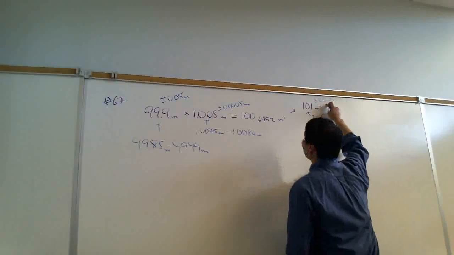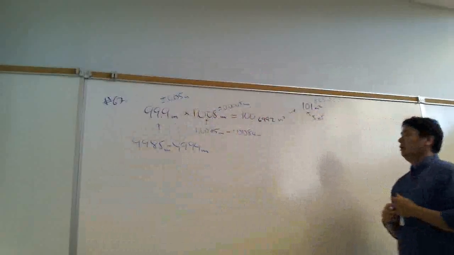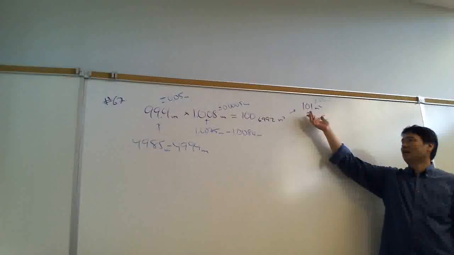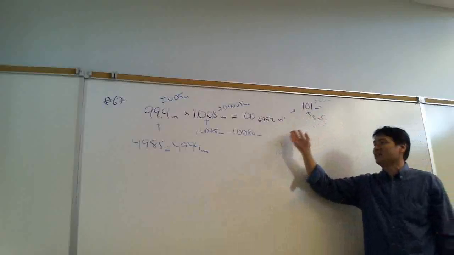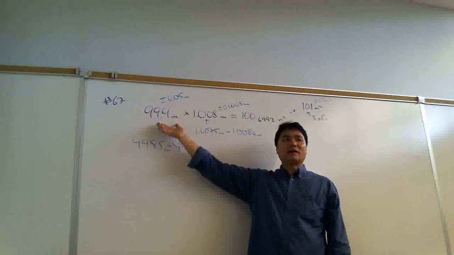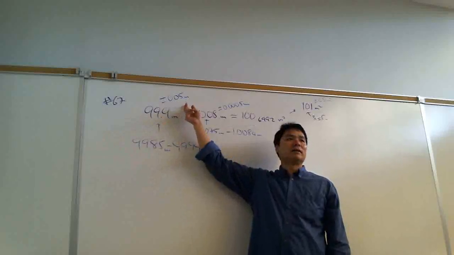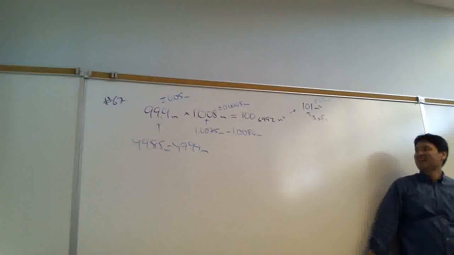The dimensions are off because these are meters squared. But our final answer should reflect the same kind of precision, the same kind of uncertainty as the least certain value. And the least certain value is 99.9, which is plus or minus 0.05. When you look at this, the answer is plus or minus 0.5. Is that a fair representation of the uncertainty in the measurements?